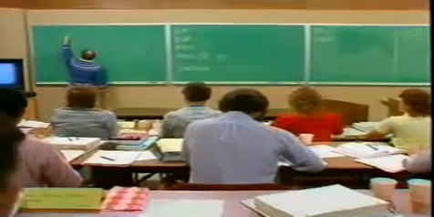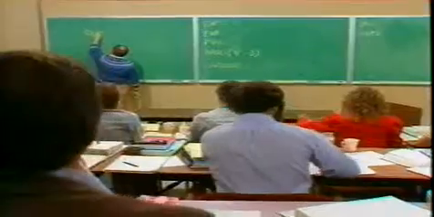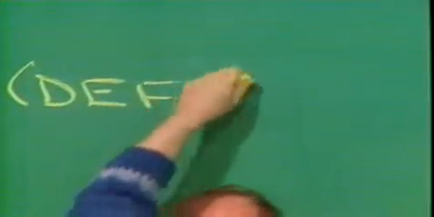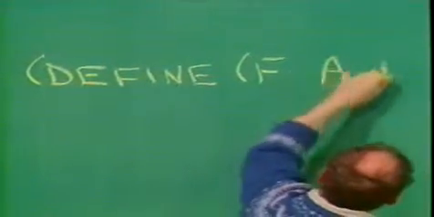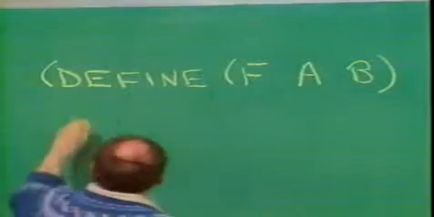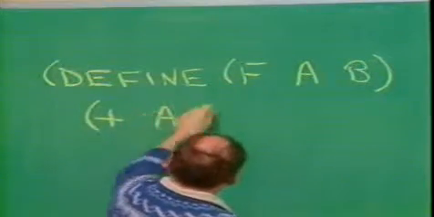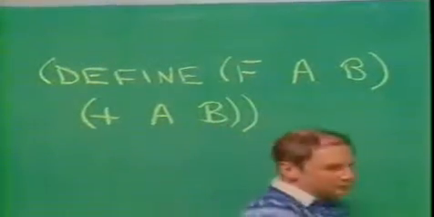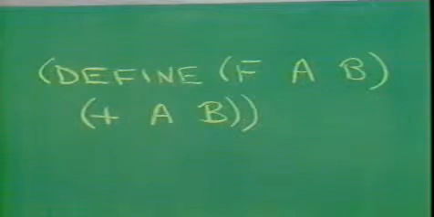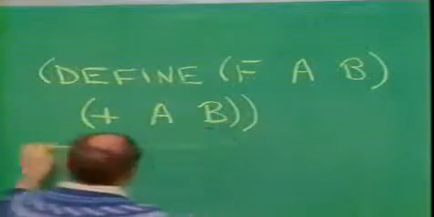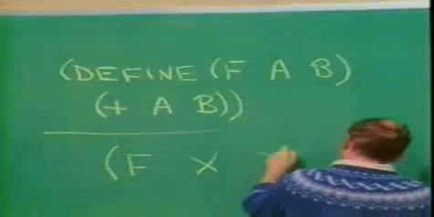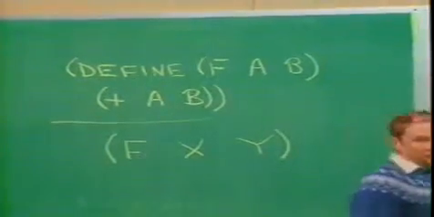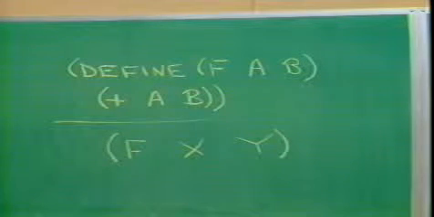suppose we had this. Suppose we were looking at the procedure, define f of A and B to be the sum of A and B. So as we typed in that procedure previously, and now we're going to evaluate f of x and y, again in this environment E0, where x is bound to 3 and y is bound to 4.